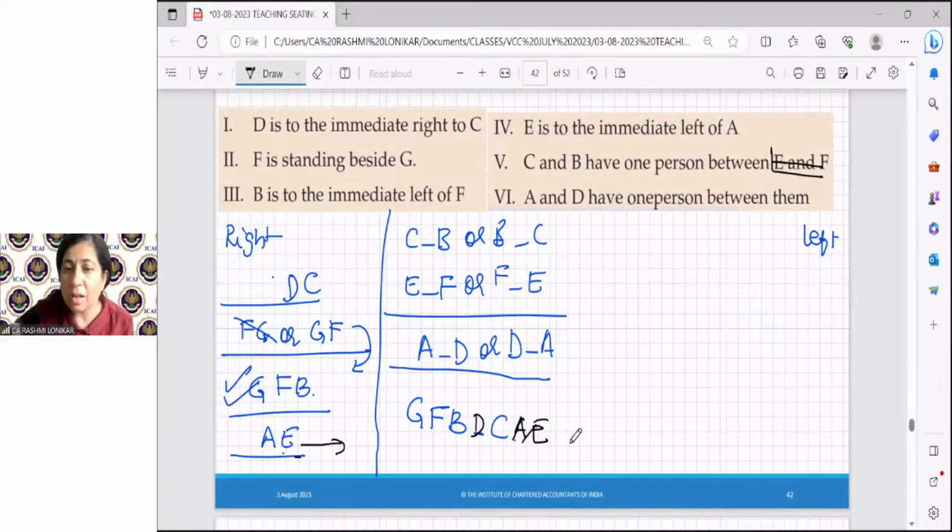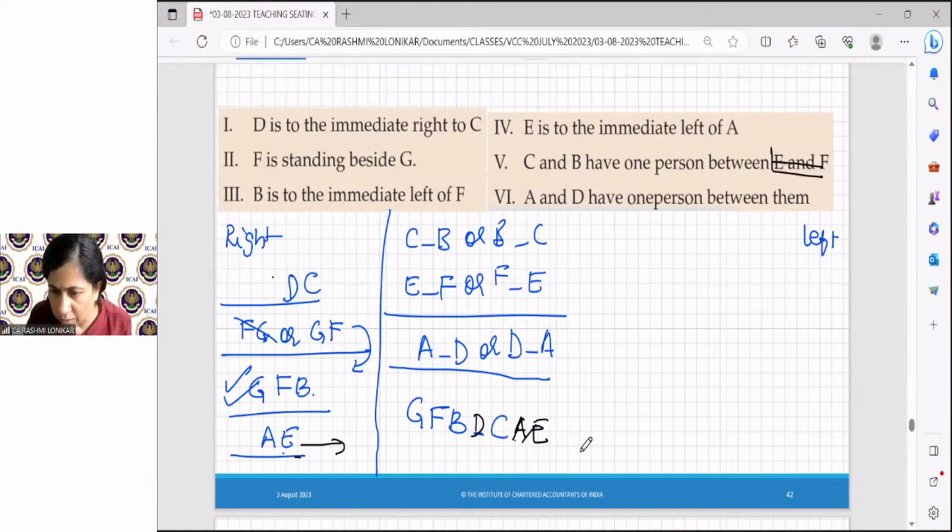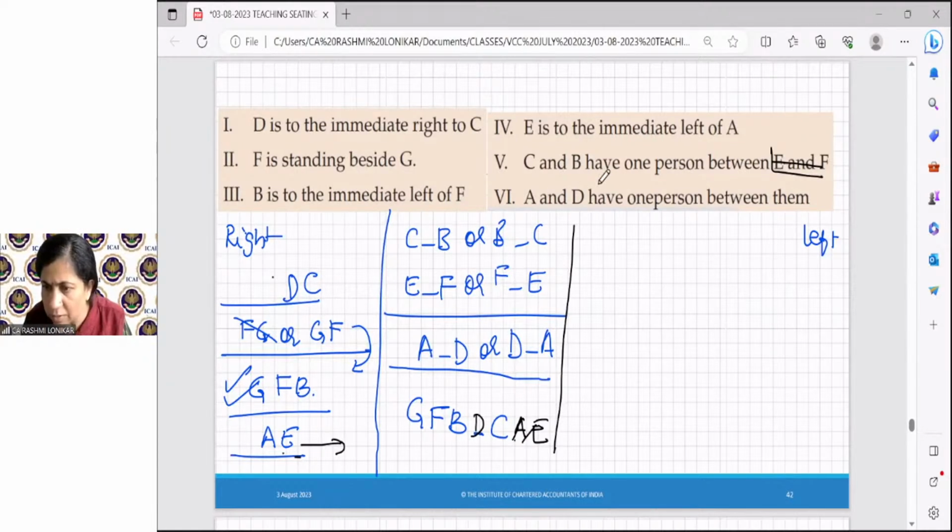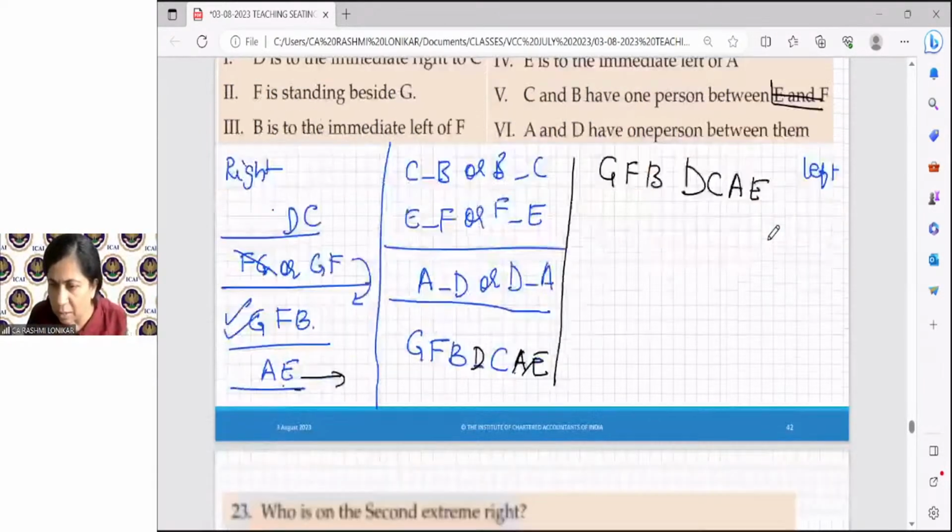Seven people are now standing in the row. So what is the final arrangement? G, F, B, D, C, A, E.